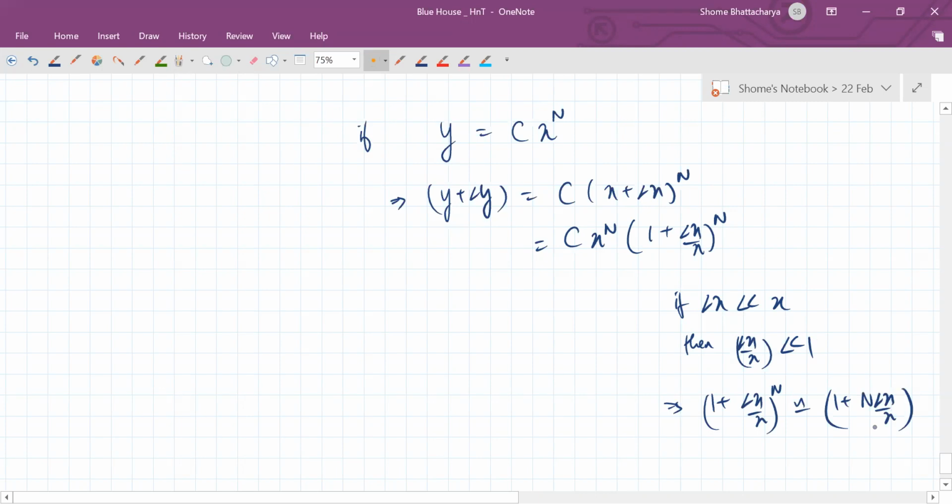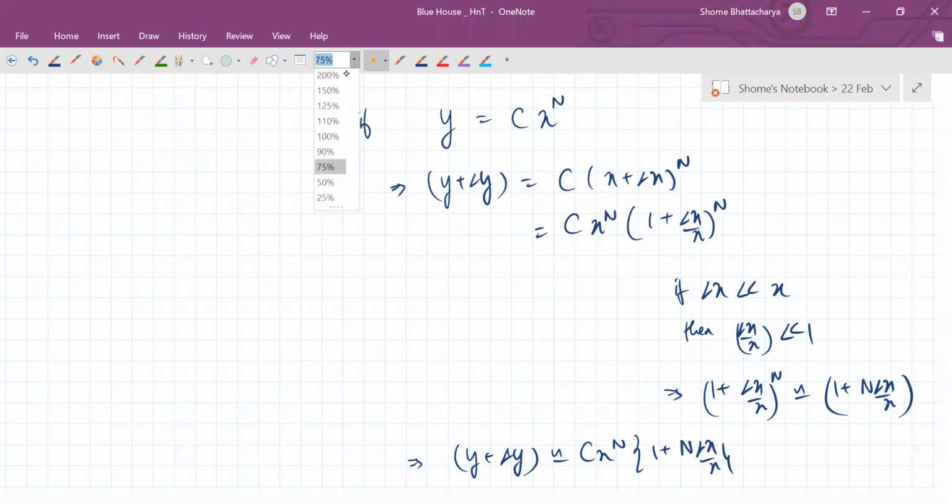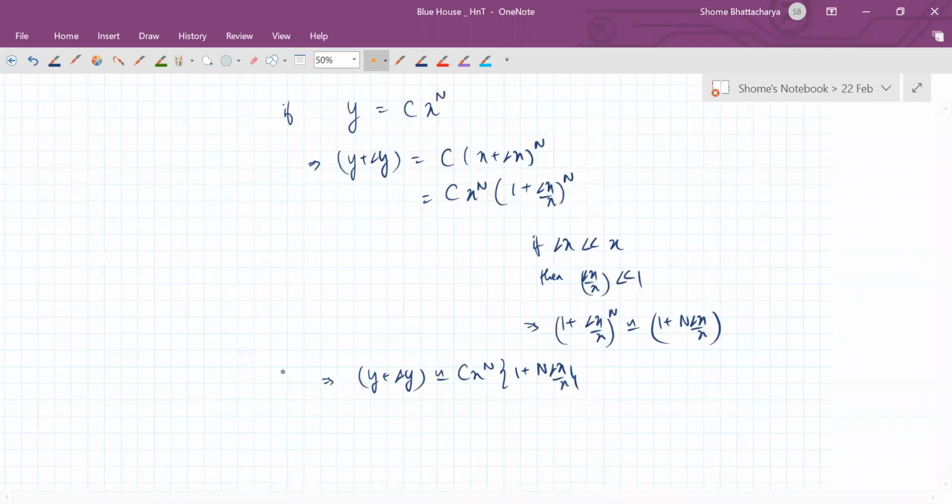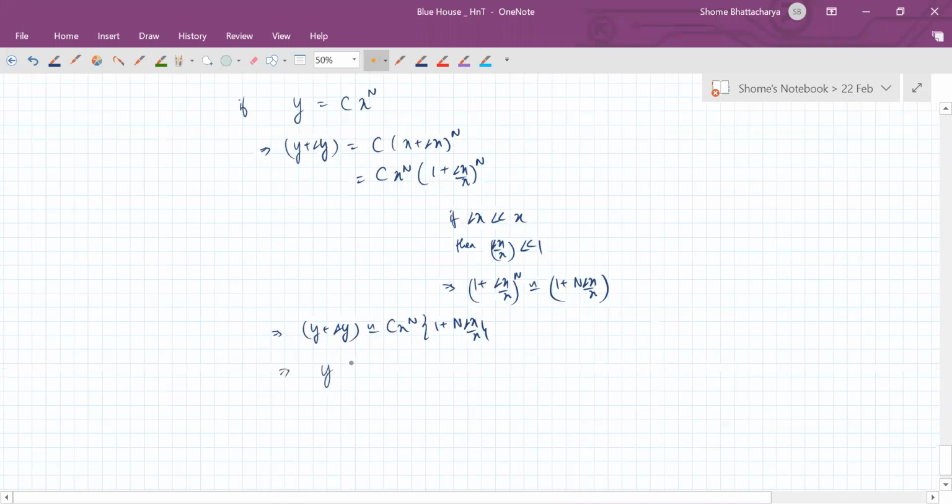So y plus delta y will be approximated as c into x to the power n into 1 plus n times delta x by x. This is the error propagation concept that you learned in units, dimensions, and errors also.